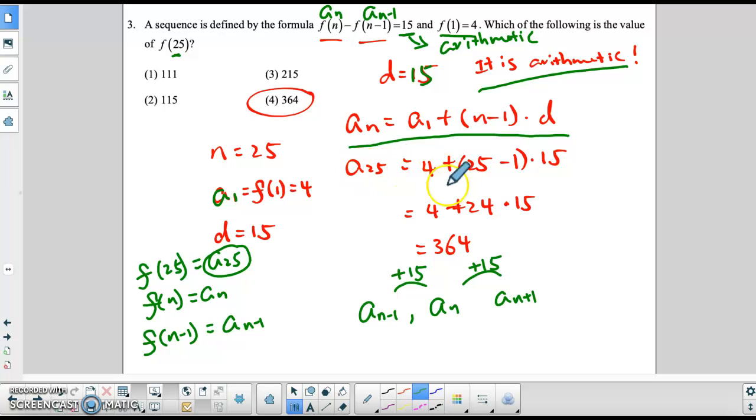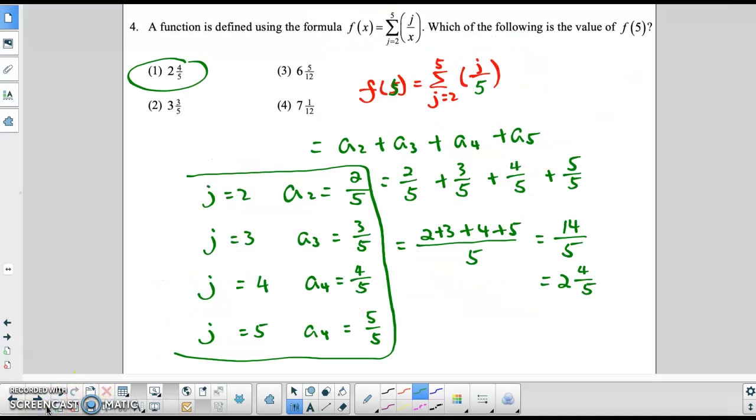So you just substitute a1 with 4 and n with 25 into the formula, and the difference is 15. We do the computation, and it will give you 364. So that's the answer for this one. Once again, this question requires you to understand and analyze the notation. When you have one thing subtracted by another, you're finding the difference between those two numbers.